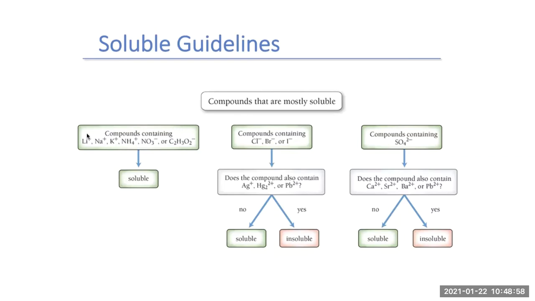For example, if your ionic compound contains lithium, sodium, potassium, ammonium, nitrate, or acetate, then it's going to be soluble. And remember, these are solubility guidelines for water. If your compound contains a chloride, bromide, or iodide, it's usually going to be soluble. However, there are some exceptions.